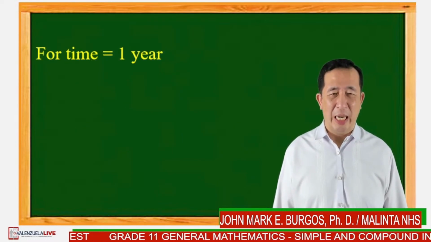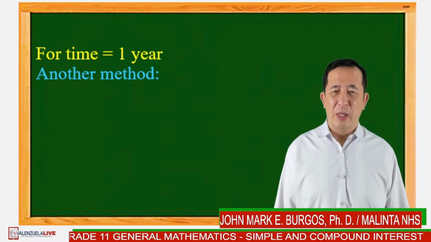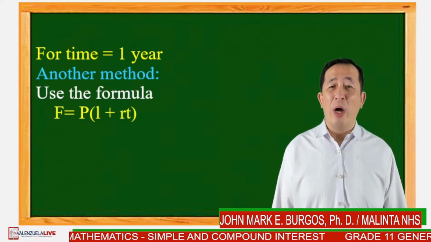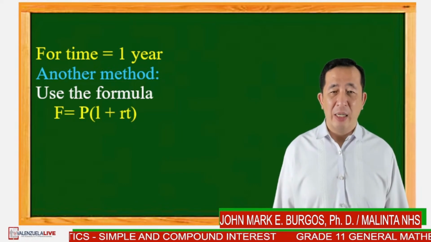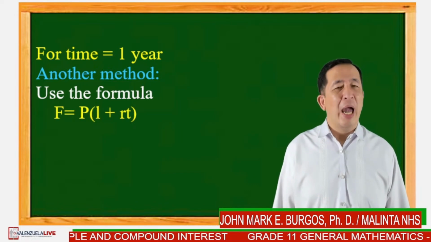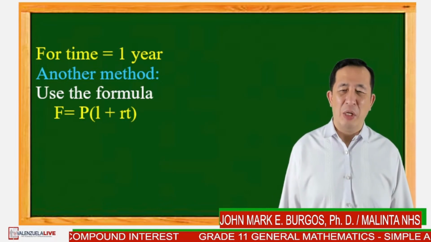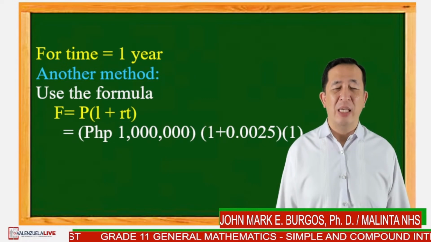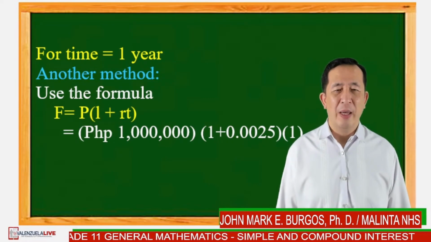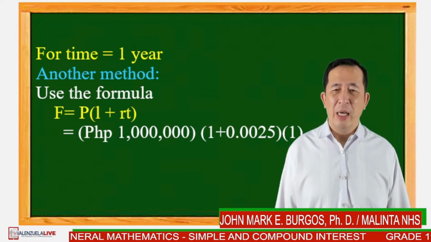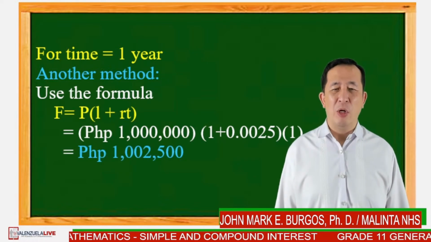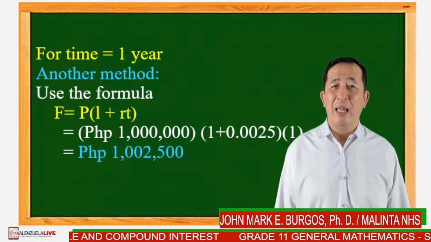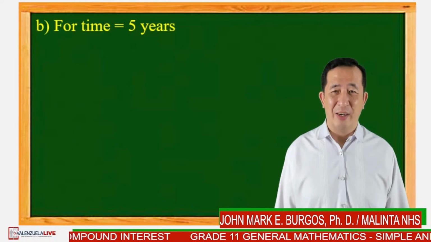For the first year, another method that we can use is F is equal to P times the quantity 1 plus R times T. And to substitute the value, we have 1 million pesos times the quantity 1 plus 0.0025 times 1. The answer will be 1,002,500 pesos. It will still arrive at the same answer.